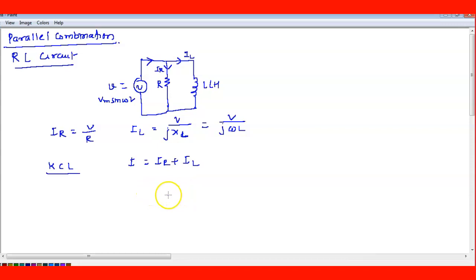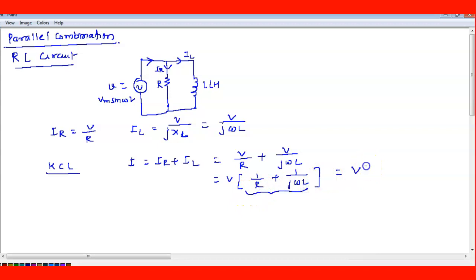IR is equal to V by R, and IL is V by J omega L. So V is common: V into 1 by R plus 1 upon J omega L. This whole term I am considering as a capital Y. This Y is called admittance.